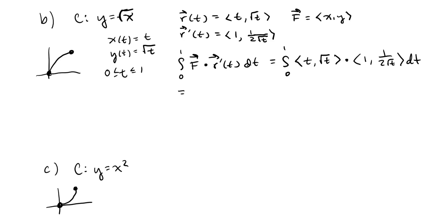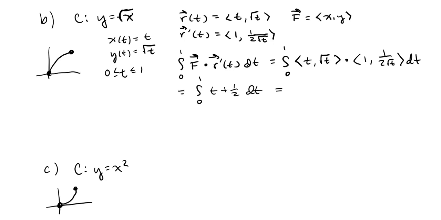So that gives the integral from 0 to 1. We have t times 1, so t. And then we're going to have square root t times 1/2 over square root t. So the square root t's are going to cancel out either way, so we're left with 1/2 dt.